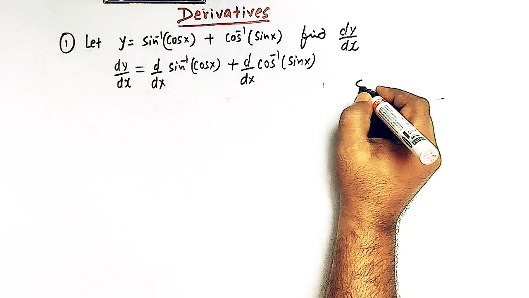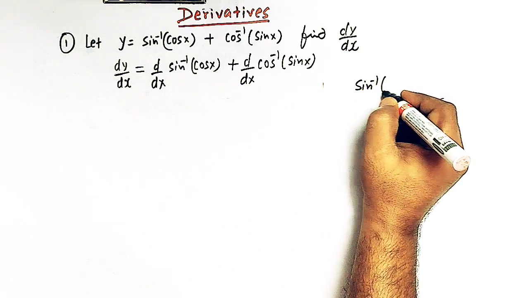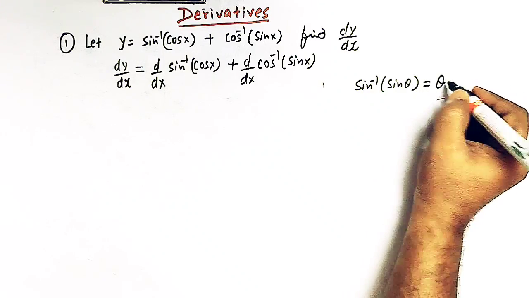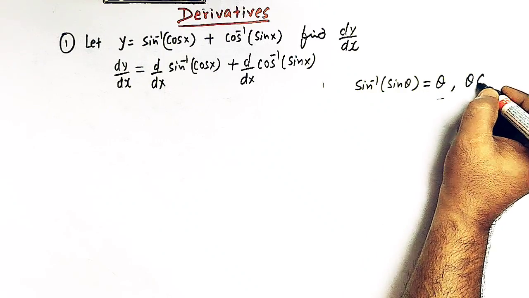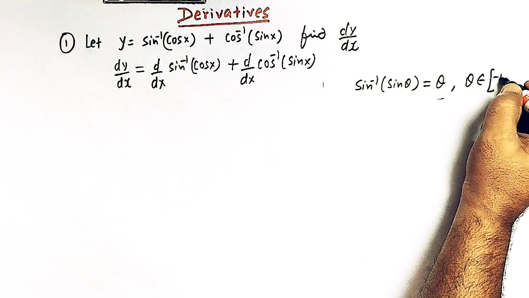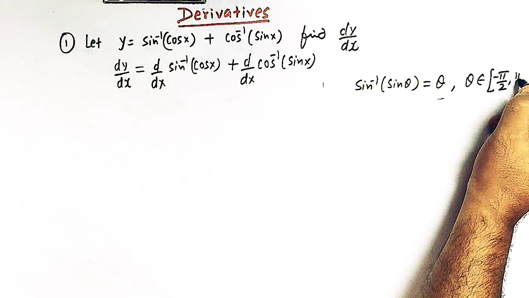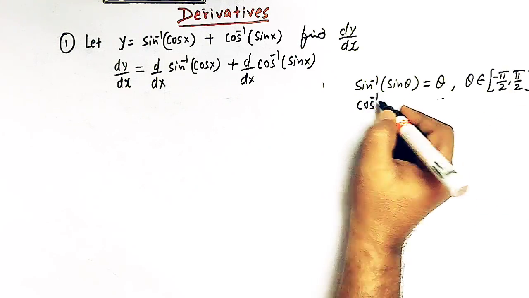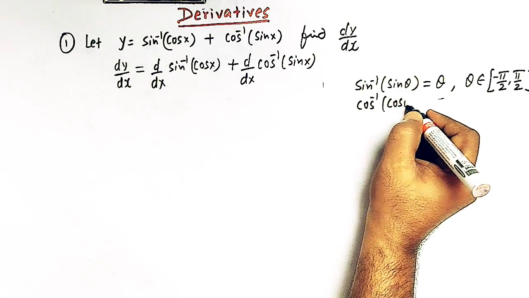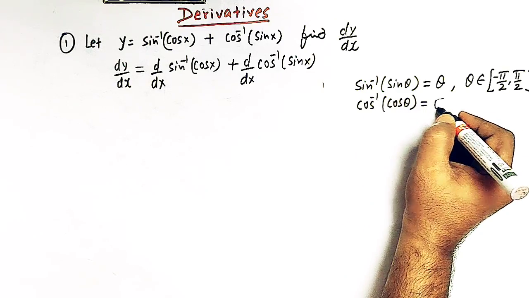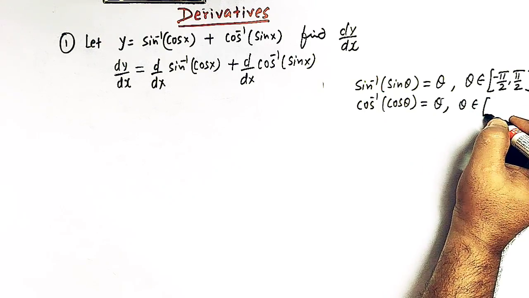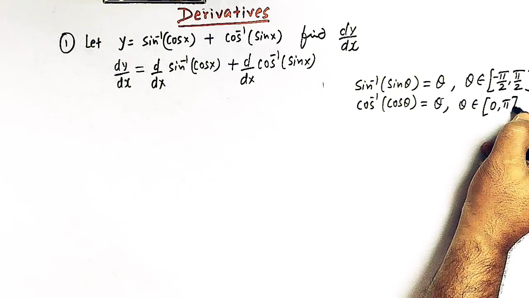Now see, we know that sine inverse of sine theta is equal to theta when theta belongs to this interval, that is minus pi by 2 to pi by 2, and cosine inverse of cos theta is equal to theta when theta belongs to this interval, that is 0 to pi.